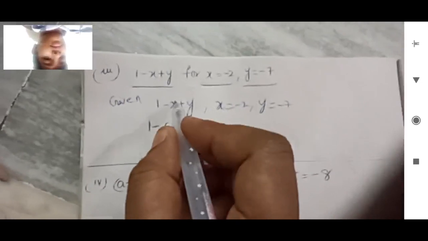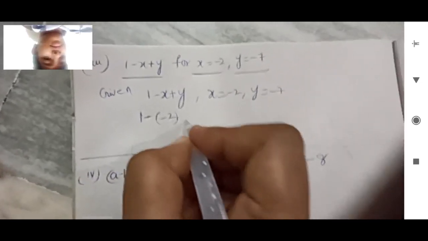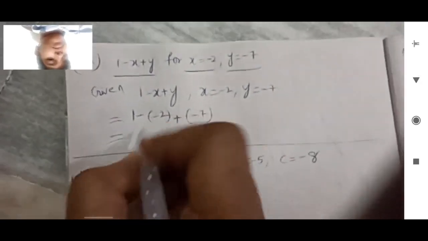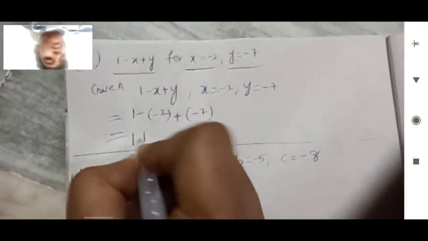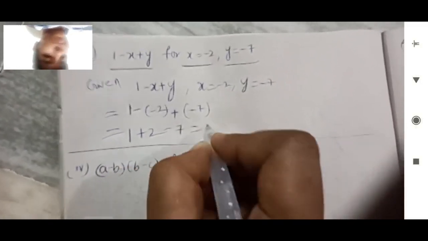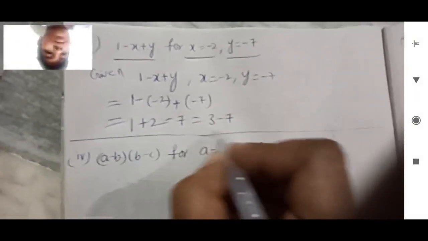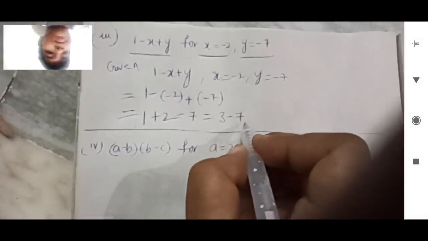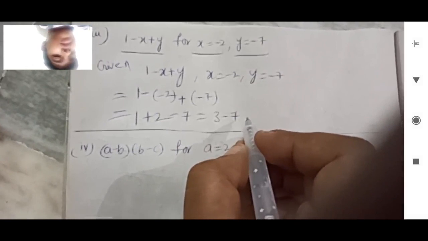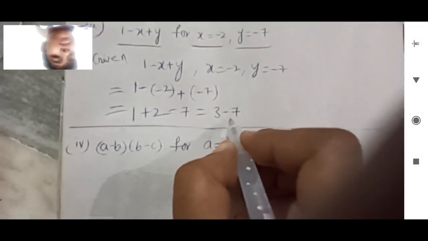In the place of x we put -2, plus in the place of y -7 we have to keep. 1 minus into minus is plus 2, plus into minus -7. So 1 plus 2 is 3 minus 7. What is the answer, Kaushik, here? 3 minus 7 is minus 4 or plus 4?